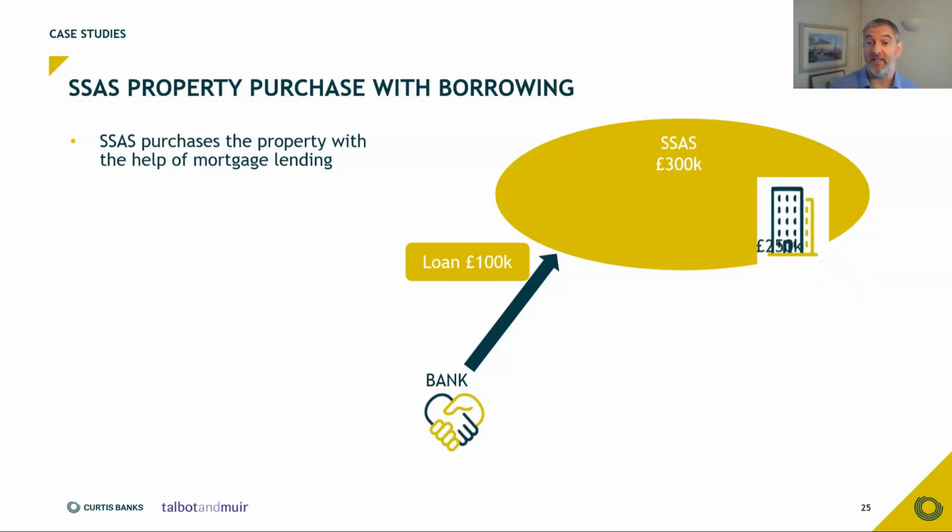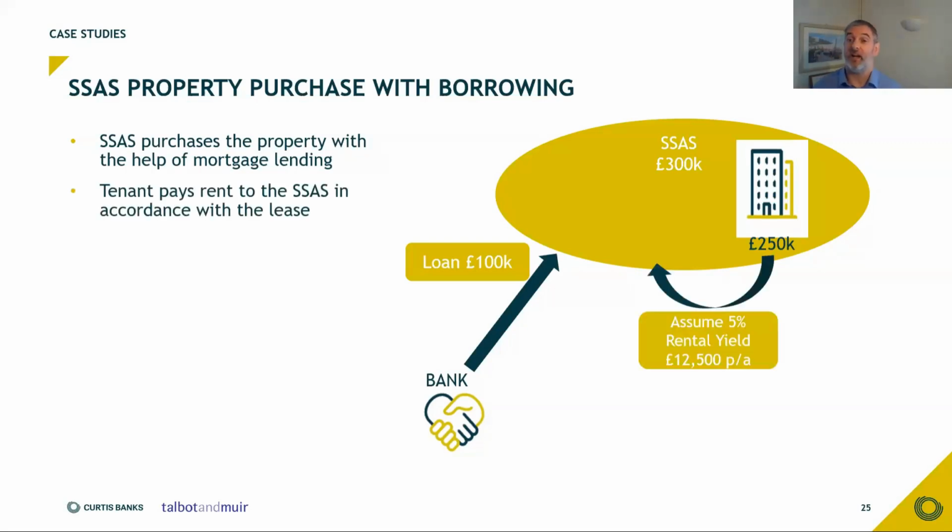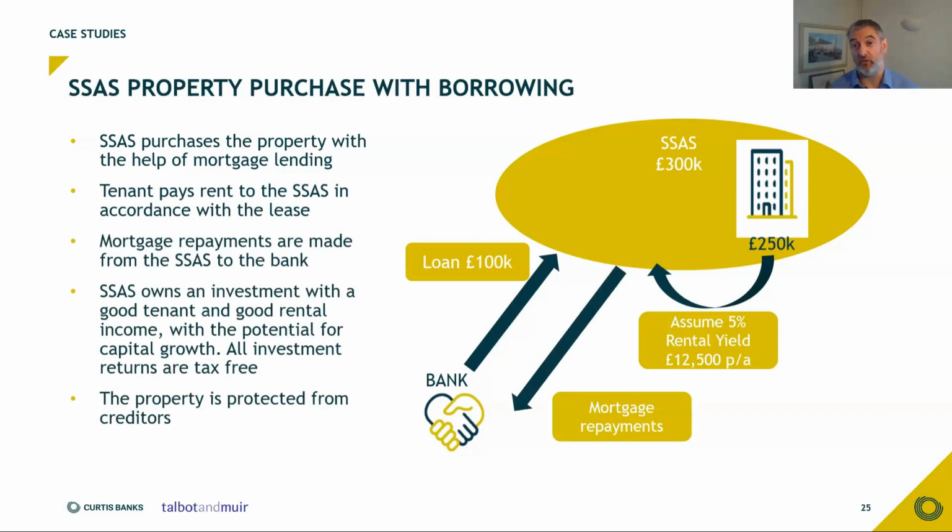They purchase the property, still with some cash for a bit of liquidity, a bit of diversity, the ability to pay fees going forward. The rental income is coming in tax-free, and can be used to service the mortgage or other loan. So we have a geared asset, but the geared asset is self-sustaining. The income generated from that asset is servicing the loan that was acquired to purchase the property in the first place.